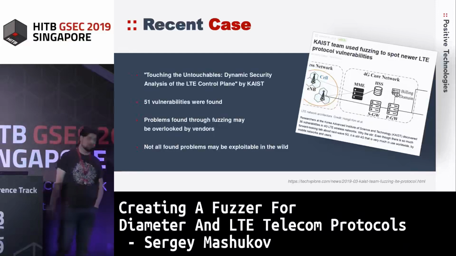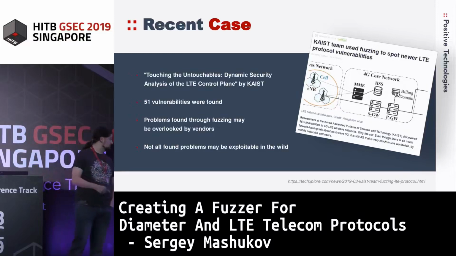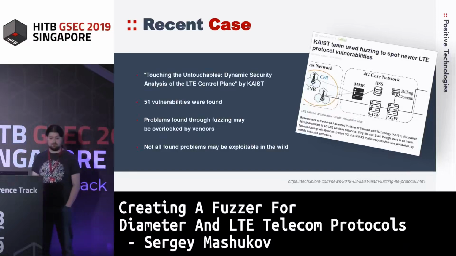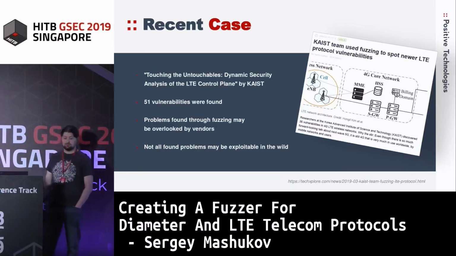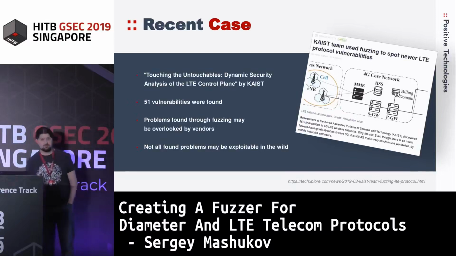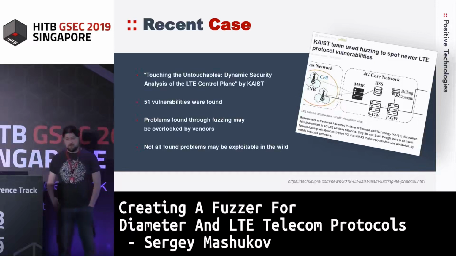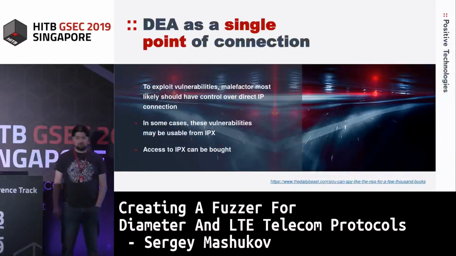It's not that hard to do. So, two things to note. Again, problems may be overlooked, and you also need to keep in mind that not all problems that you find during fuzzing may be exploitable in the wild.